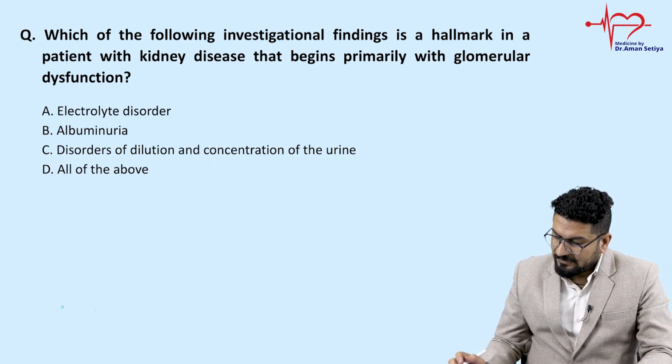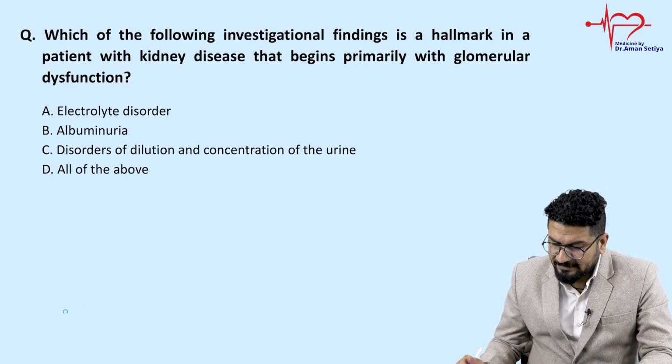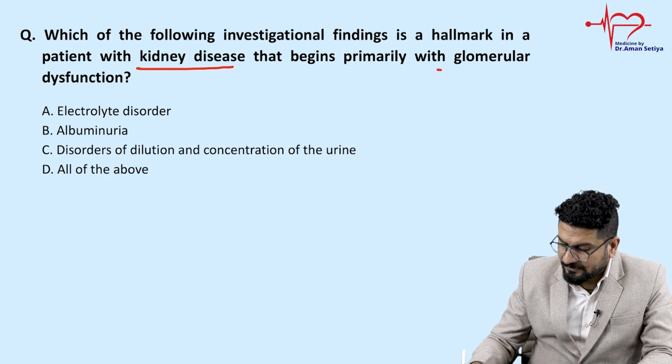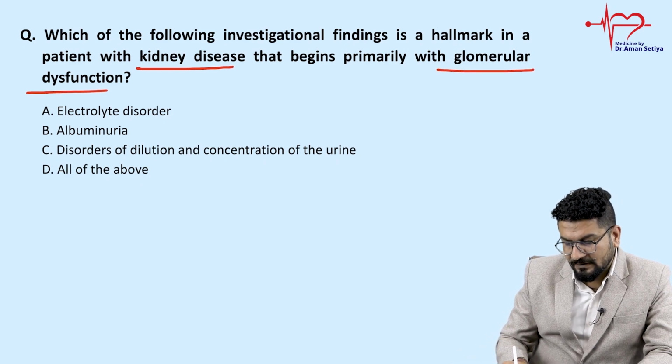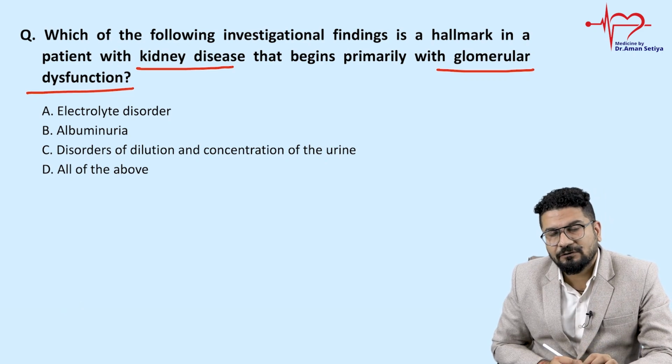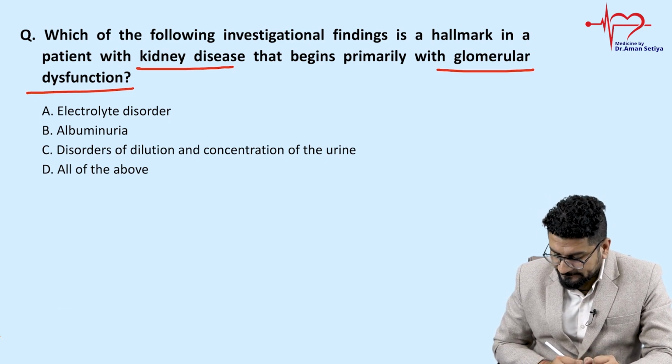Which investigation finding is a hallmark in a patient with kidney disease that begins primarily with glomerular dysfunction? Whenever there is a problem in the glomerulus, remember the first finding we see is microalbuminuria.